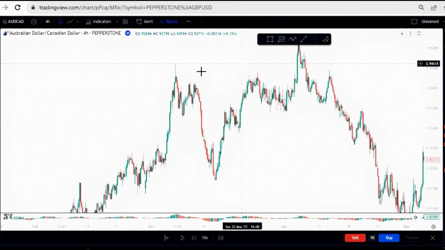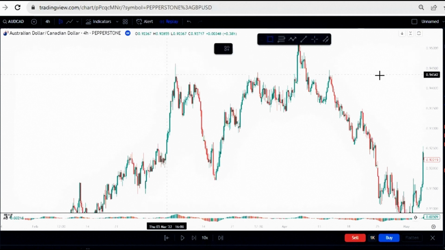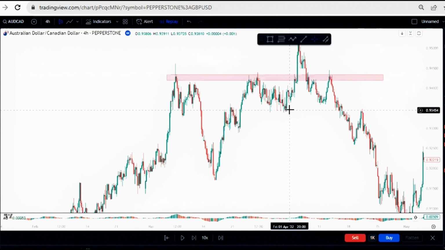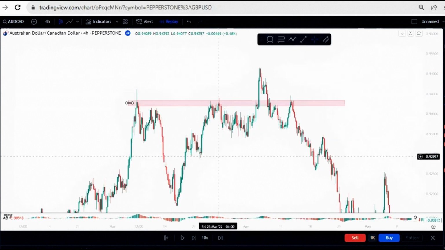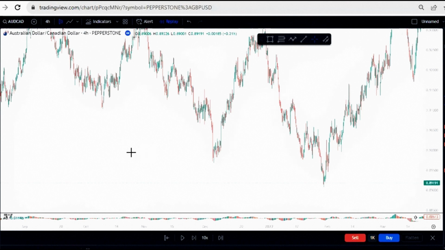So these are the special patterns to watch out for. Areas with equal highs and areas with equal lows. In this example, the price went up, liquidated these orders that were here, and immediately the price went back. Here is another example.